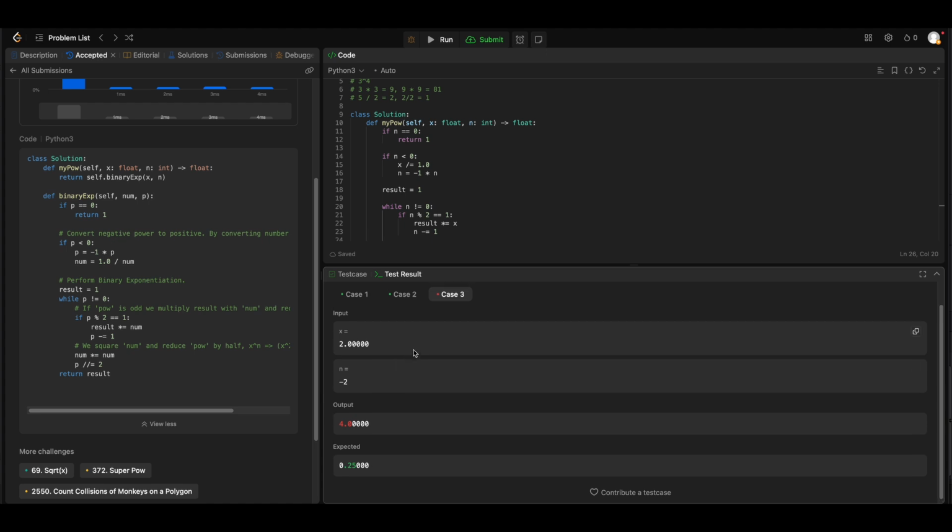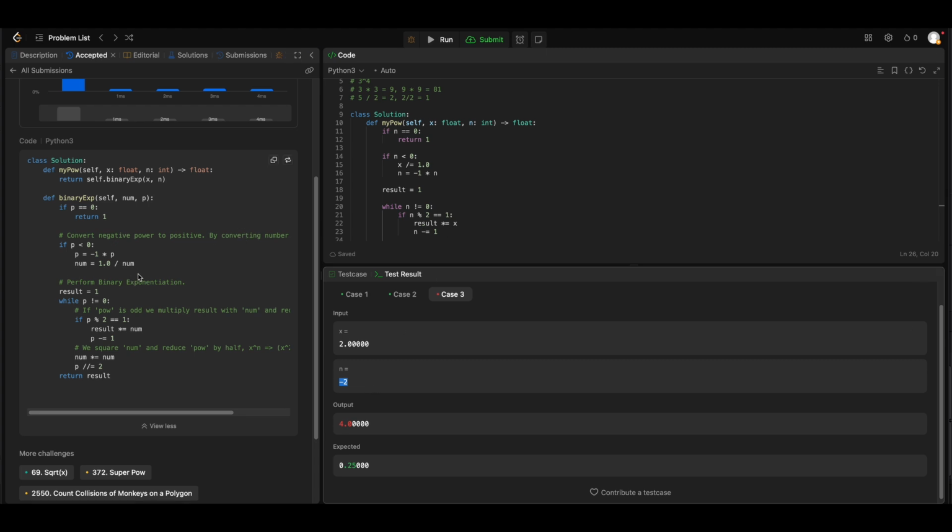Okay, so it looks like for a particular condition it's failing, which is if my power is -2. So let's see what's wrong with it here. So that's this case. Dividing by 2 is equal to -1 times p, which is n for us.